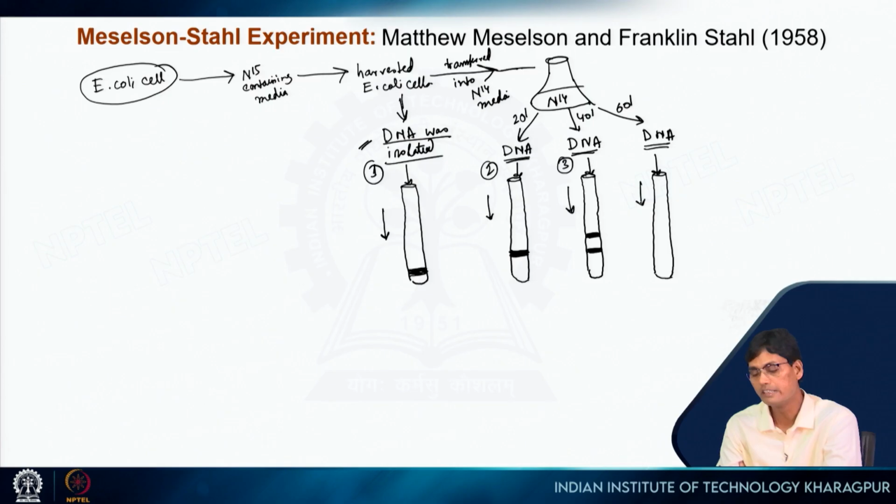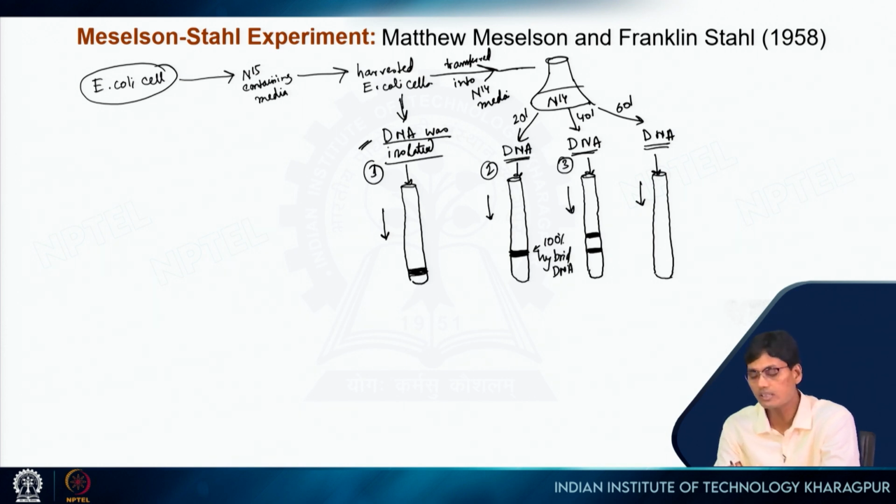Now, in tube number 2, if you see, they again get a single band, but this is a little lighter than tube 1. So as a result of that, it is a different species here, not completely heavy, not completely light. This is some kind of hybrid DNA, 100% hybrid DNA.